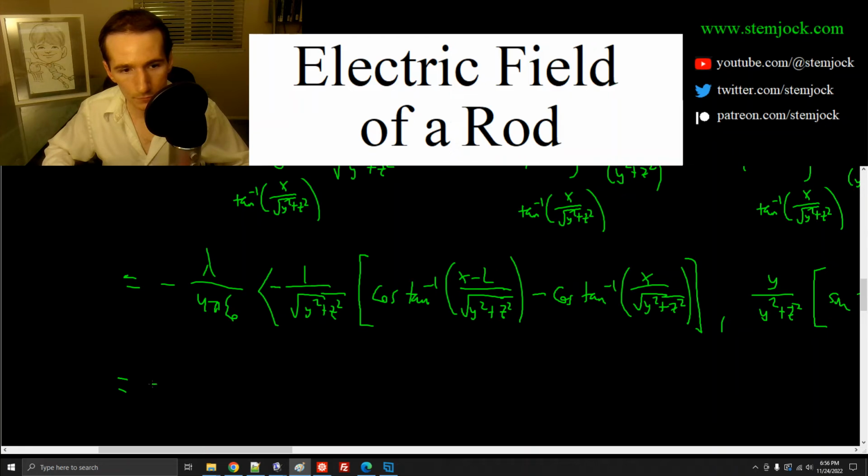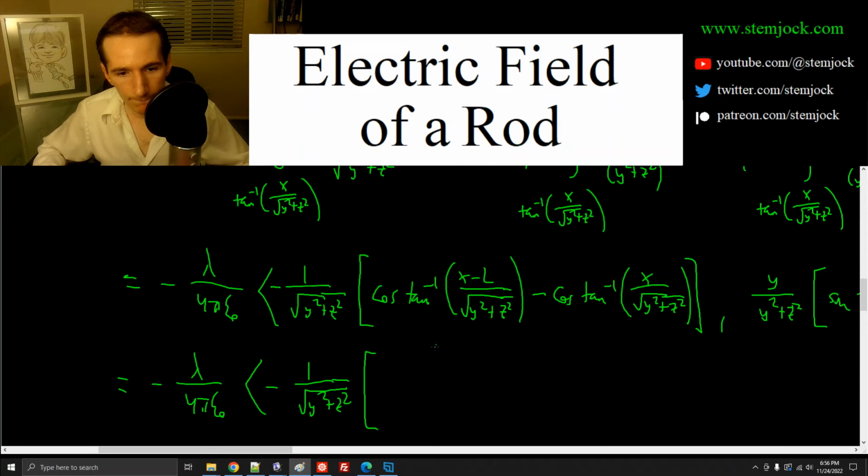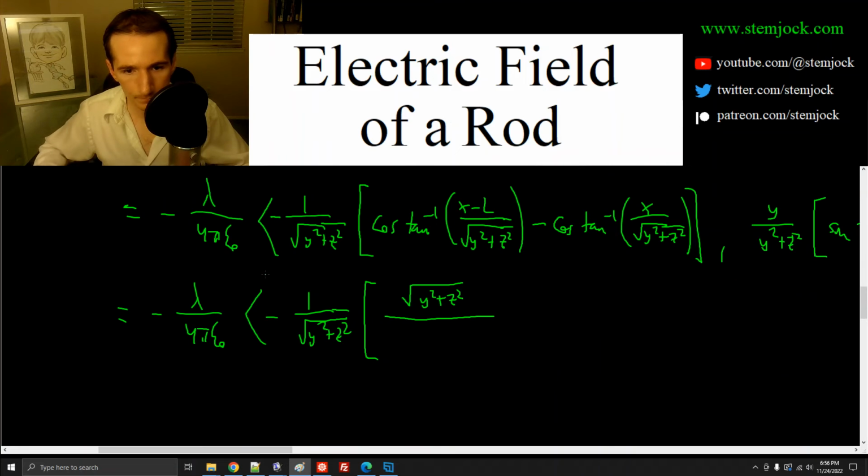So this is equal to negative lambda over 4 pi epsilon 0, times negative 1 over square root of y squared plus z squared, over the hypotenuse, which is the square root of x minus L squared plus y squared plus z squared.